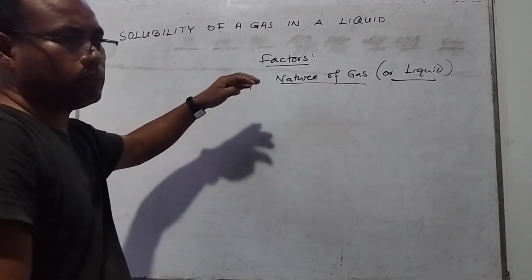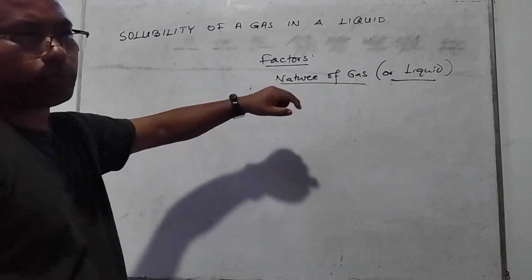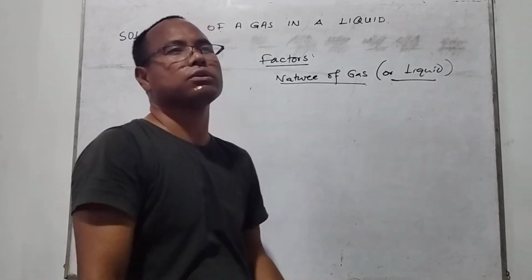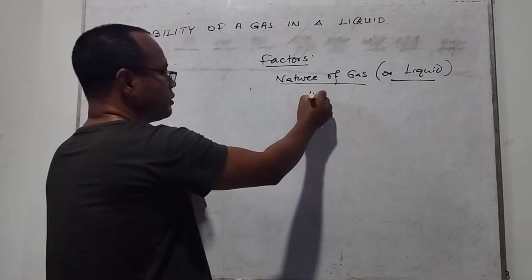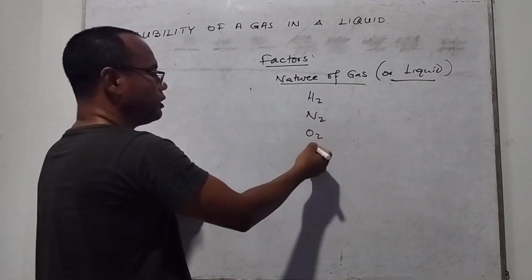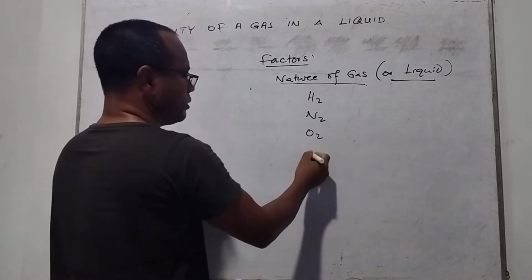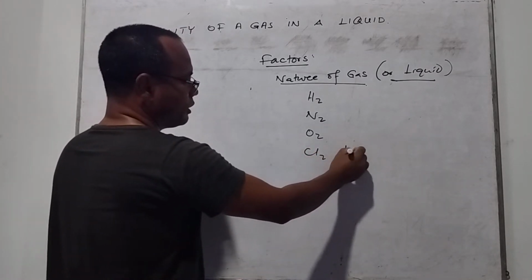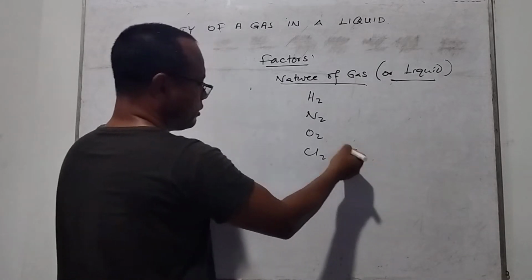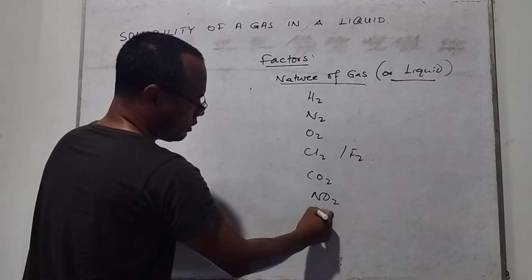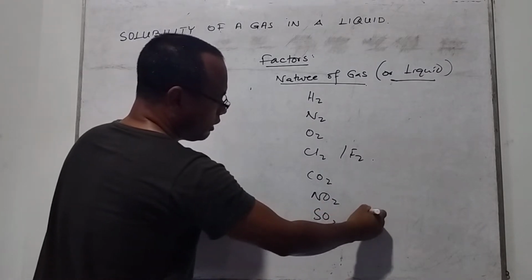Just try to remember some common gases available in our atmosphere: hydrogen gas, nitrogen gas, oxygen gas, even halogens like chlorine gas and fluorine gas, then carbon dioxide, nitrogen dioxide, sulfur dioxide, even HCl.